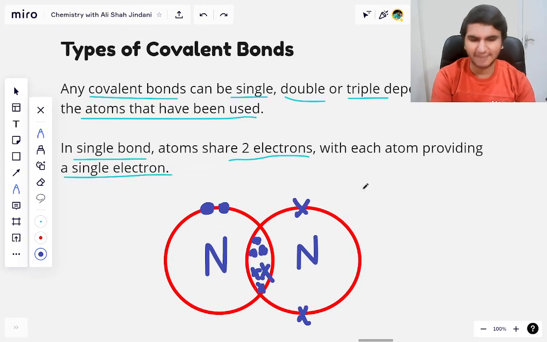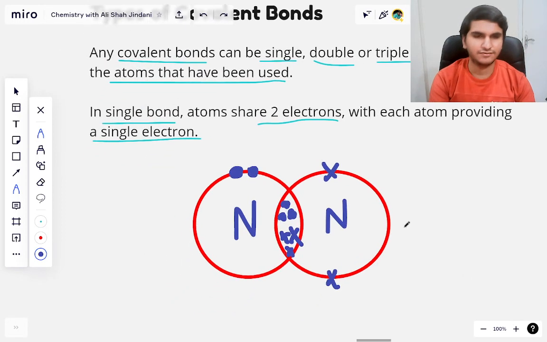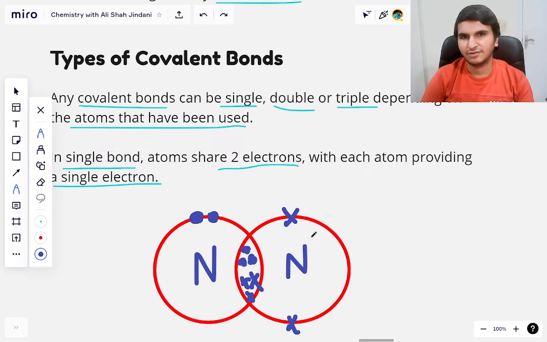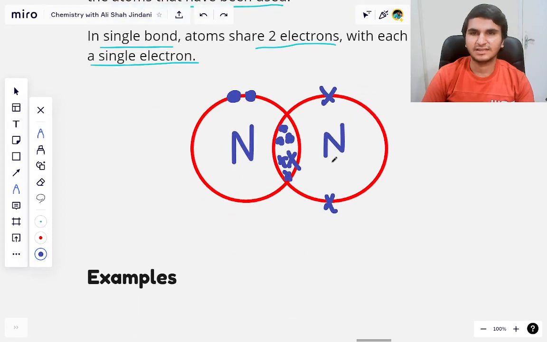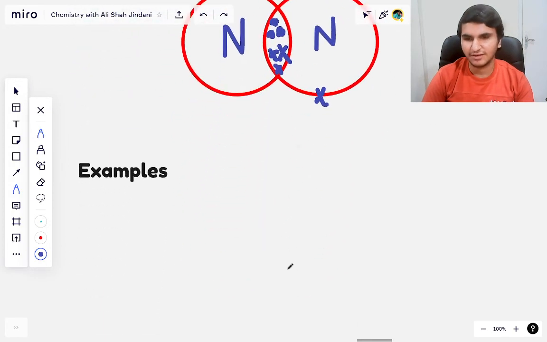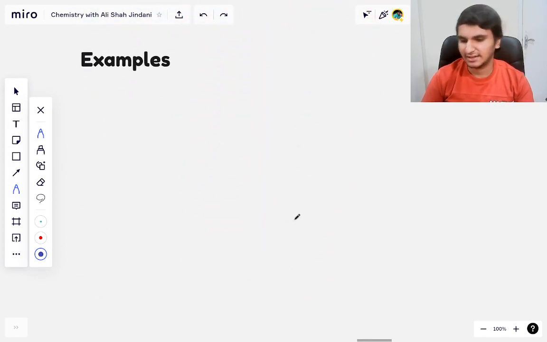I know it might be confusing, but again, it is not that confusing, right? You can just grasp these topics, you can rewatch this explanation, and you will get the hang of it, right? So these were the three types of covalent bonds. Again, there are more examples of covalent bonding which I'm going to share with you.